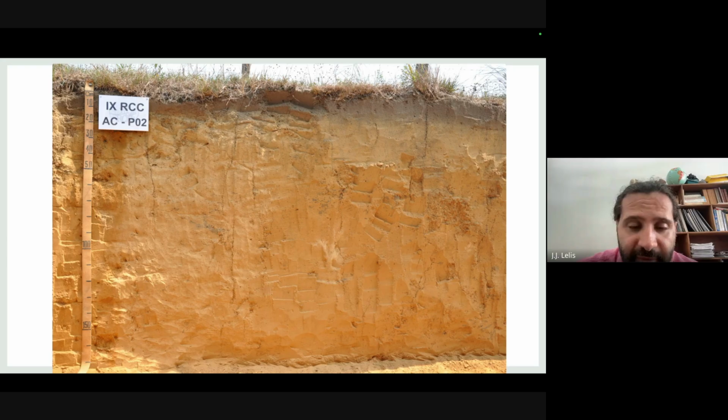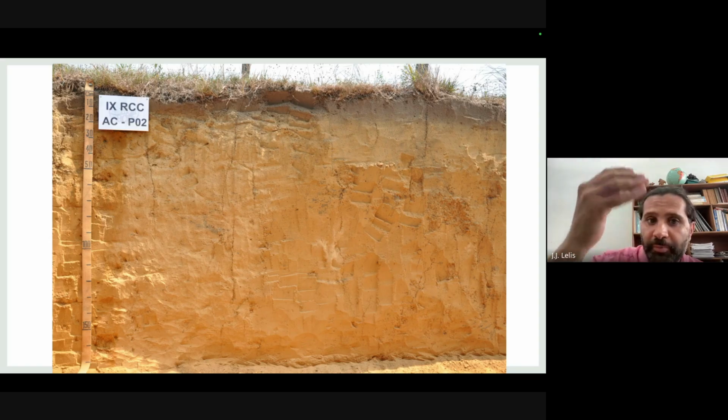For example, termites, ants, spiders, and even the roots of plants induce an intense bioturbation of the soil. And this intense bioturbation produces a strong structure. And this strong structure is connected by voids. So you have a very connected web of voids in all of this horizon that induces very good, high and fast water penetration.